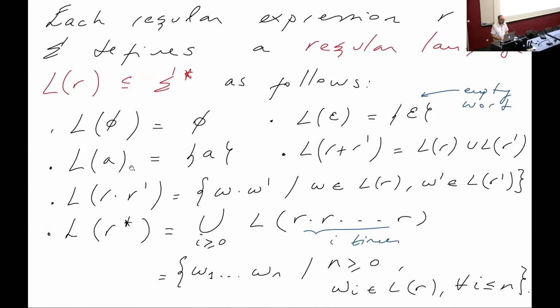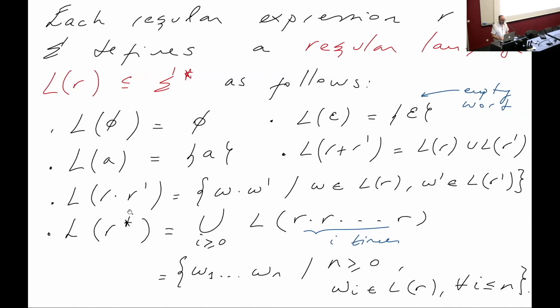The language defined by the symbol a is the language that contains only one word, which is the word consisting of a single a. And then we have the inductive cases. The language defined by the union of two regular expressions R and R prime is the union of the languages of R and R prime.